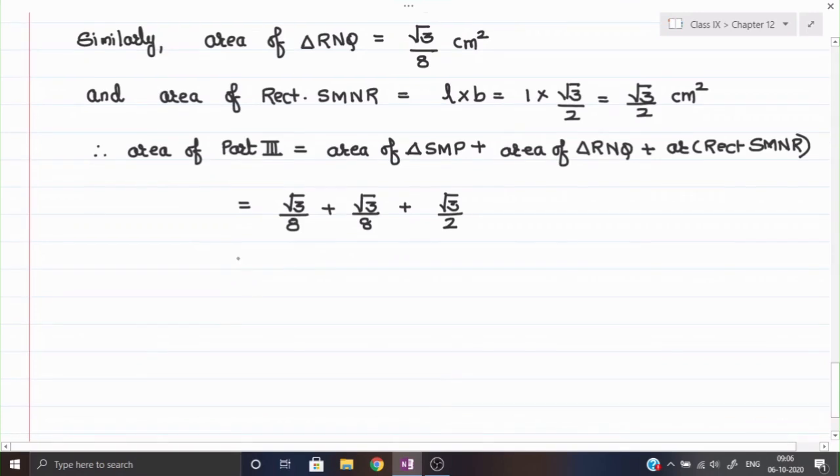So we are taking the LCM 8, here it will come root of 3 only, here also it will come root of 3, and here it will come 2 4s are 8, so 4 under root of 3. Now if I add 4 root 3, 1 root 3 and 1 root 3, that will be 6 under root of 3 upon 8.